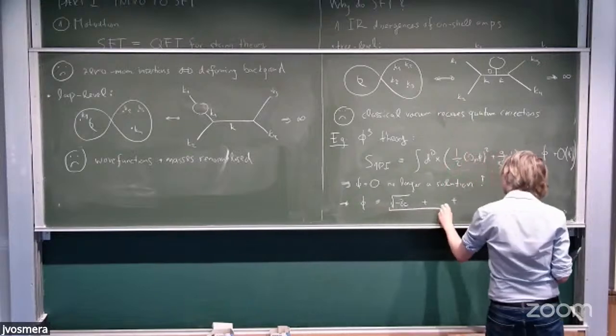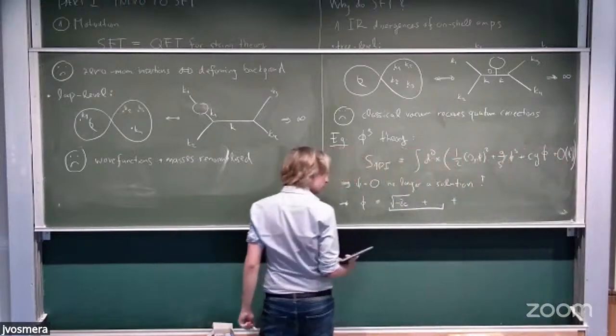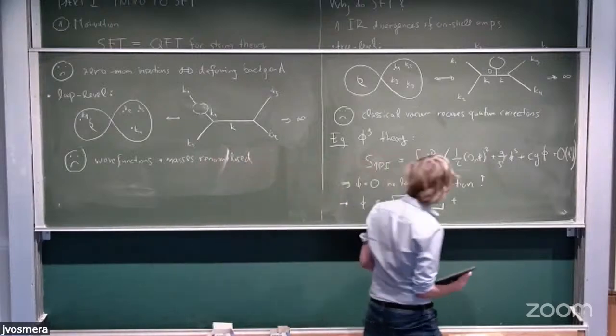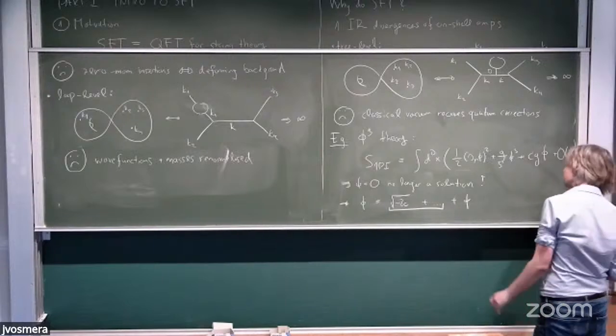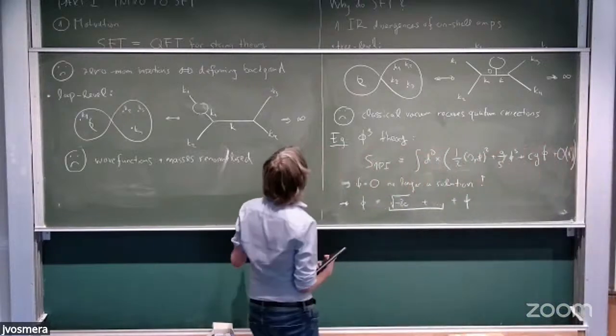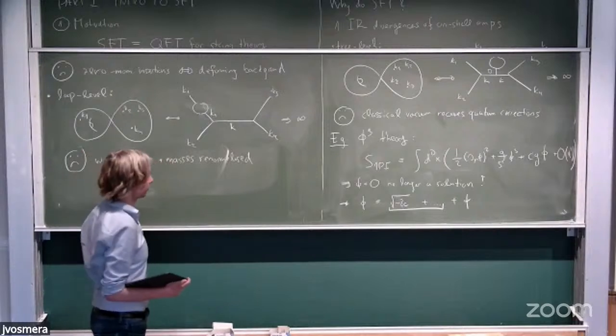So this will be the new quantum corrected vacuum for the phi cubed plus some new fluctuation which I denote with psi. And then when we do perturbation theory in psi, we should recover again finite results.